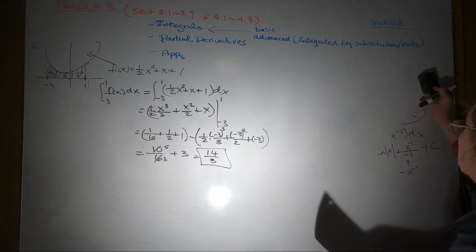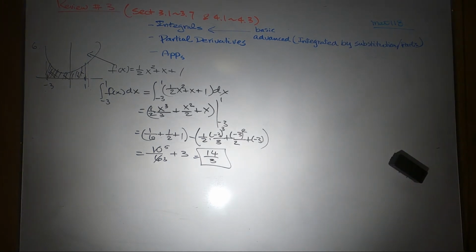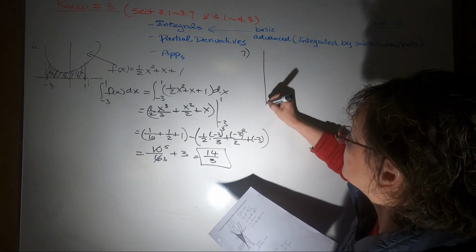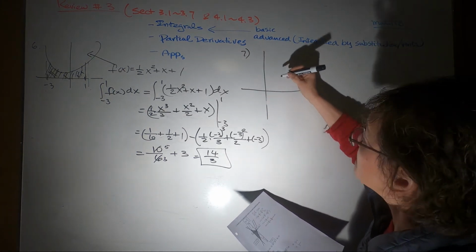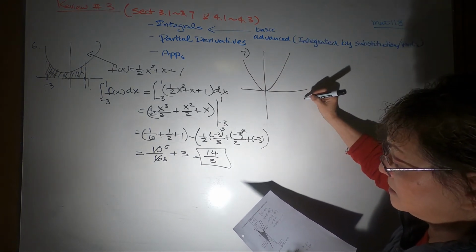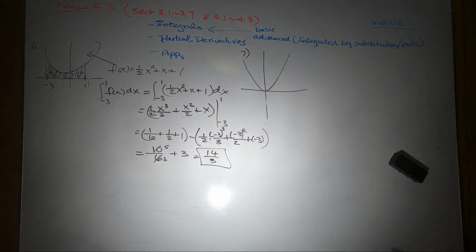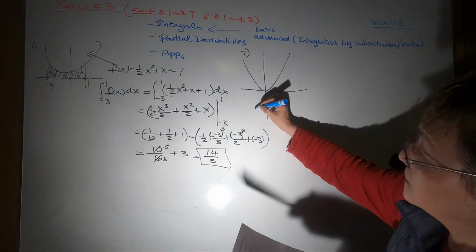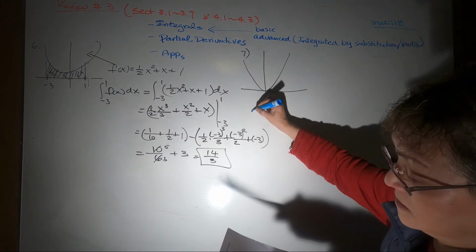Let's have a look at the next one. Okay, so if we want to find the area between the curves, so we have one here, right? And another line is this way. So we have this line, -1, 2, we have -2 here.